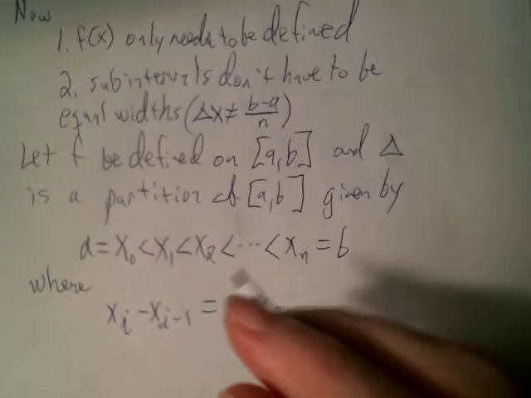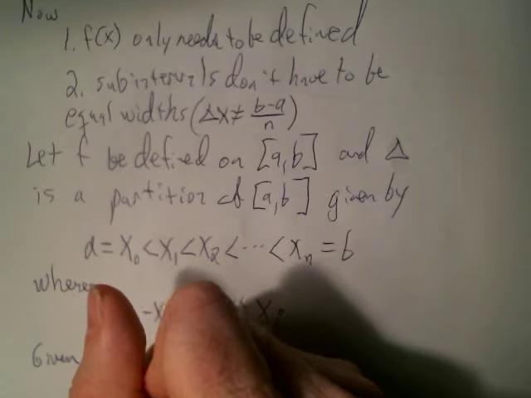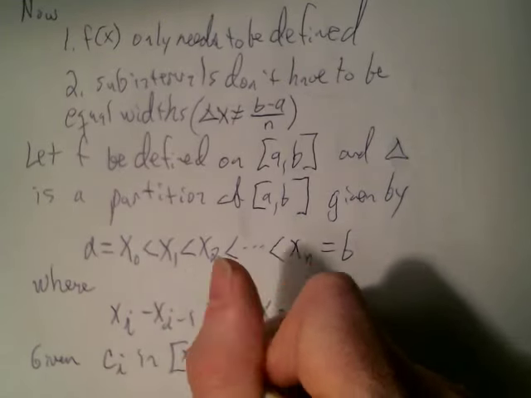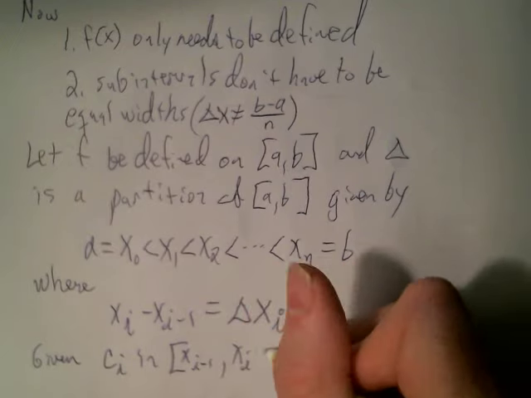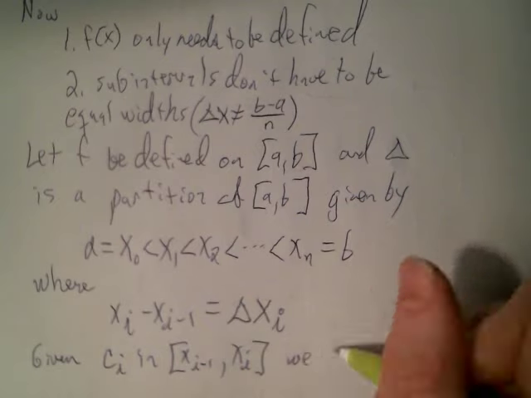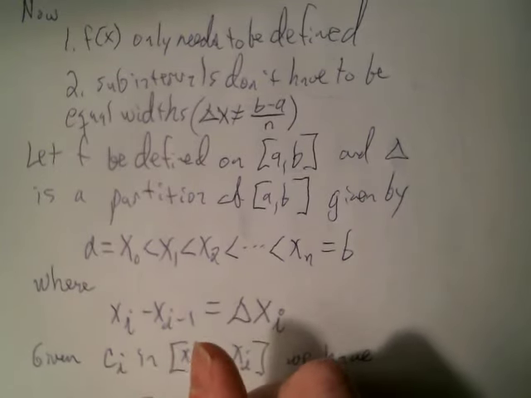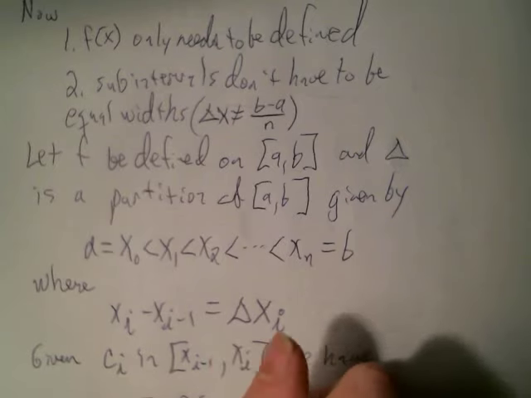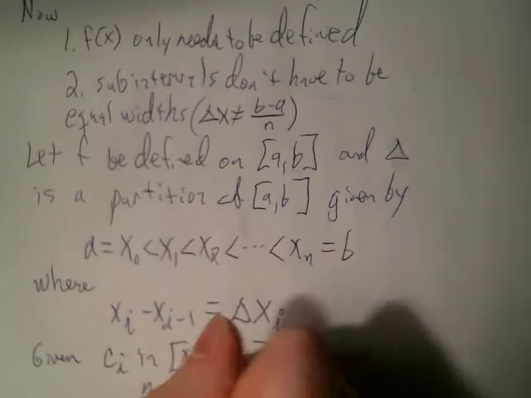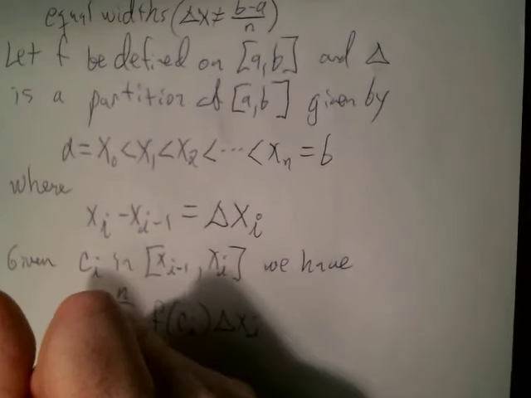Okay, so given any particular point c sub i in the interval from x sub i minus 1 to x sub i, we have this thing, which is the sum of f of c sub i times change in x sub i from i equals 1 to n. We're going to call this thing in general the Riemann sum.